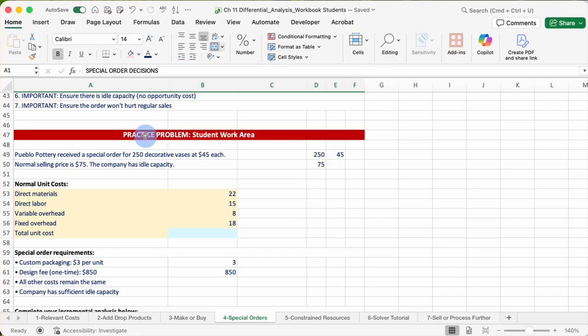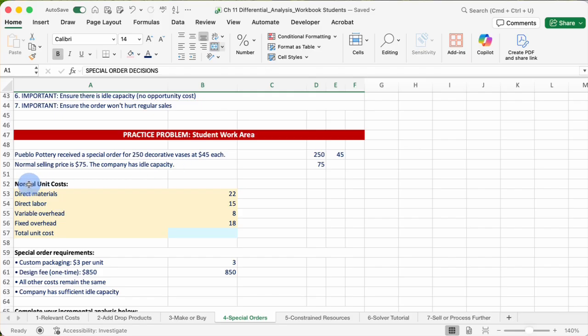practice problem down below. So if you scroll down, we see that Pueblo Pottery received a special order for 250 decorative vases at $45 each. The normal selling price for a vase is $75, but currently the company has idle capacity.